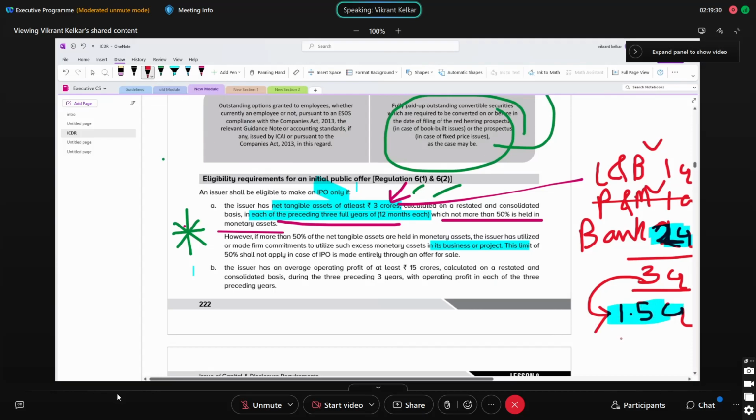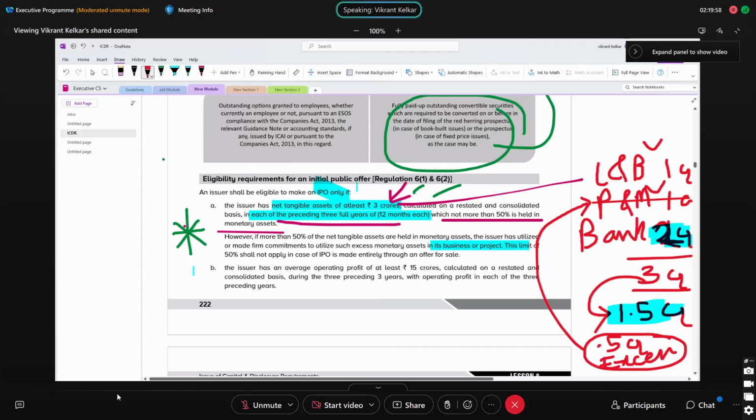So you got 50 lakh rupees, 0.5 crore as what? Excess. Correct? So you have to show to SEBI that though I am having this 50 lakhs extra, I have kept aside these 50 lakhs for the sake of buying assets. So I'm going to purchase plant and machinery in future, and I'm creating this 50 lakh aside as a provision to pay to the machine supplier. Are you getting the point?